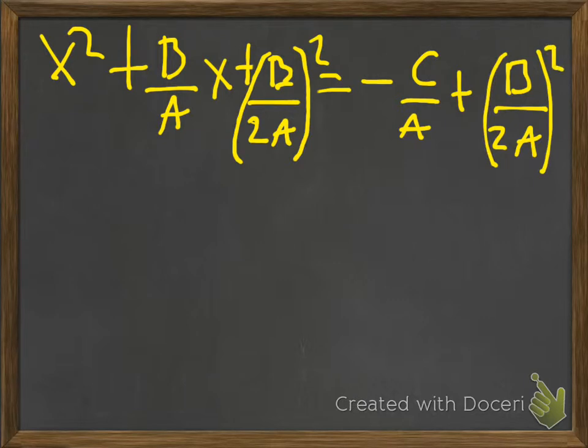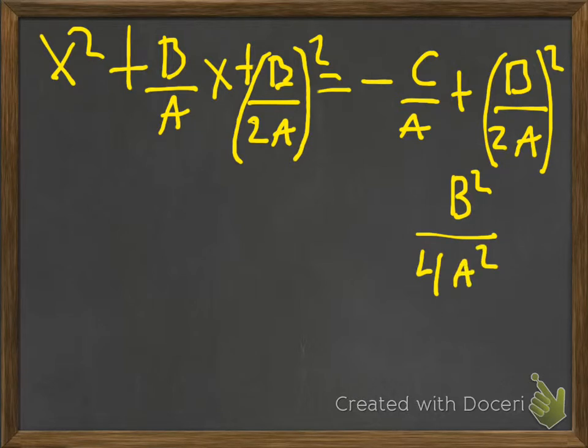Now we're going to use some properties of exponents for this term right here. We get b squared over 2 squared times a squared. 2 to the power 2 is 4, and this is a squared.